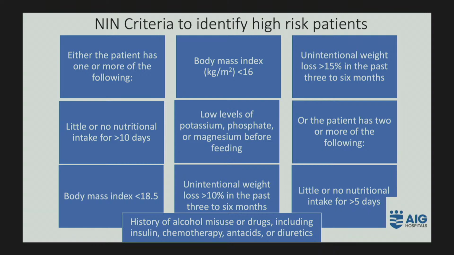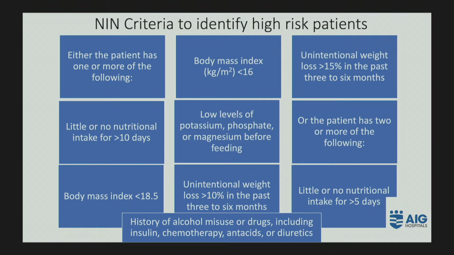If it's severe enough, then one or more criteria is enough to put those patients at risk. But if it's at a moderate level, then two of these criteria have to be met. Then we include them in the group of patients at risk for refeeding syndrome.